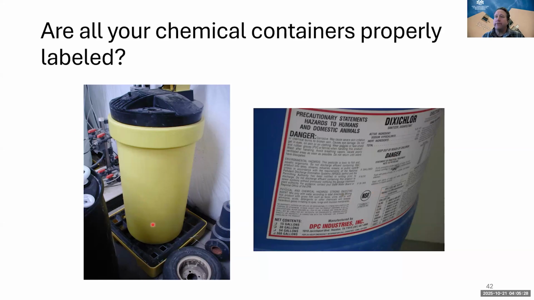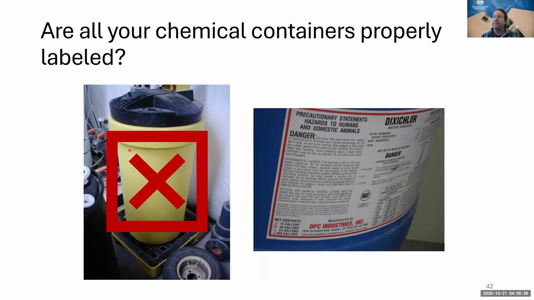And then when we look over here, we have no idea what's in this tank. It could be anything. And so we definitely don't want to see those situations where we don't know what's in the day tank. Anytime you move solutions from the manufacturer container into another container, it should be labeled with things like chemical type, percent solution, lot number, expiration date, date opened, date transferred.